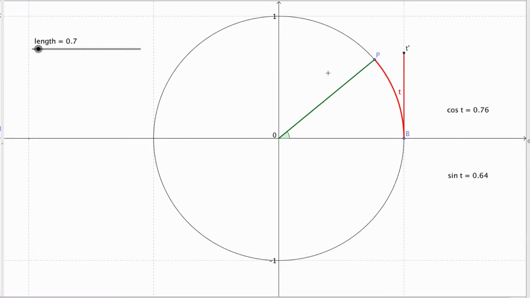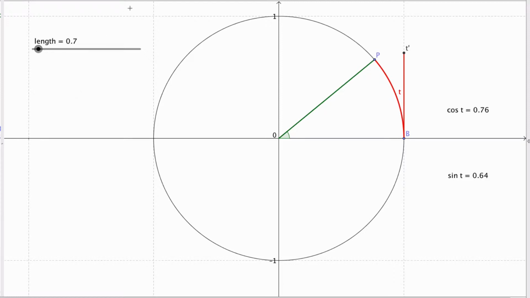Any given length, so 0.7 I've got at the moment, only ends up at one point on the circle, doesn't it? It ends up right there. There's no option. In other words, for each input, T, there's only one output, P. So this wrapping thing is actually a function. There's only one output for every input.